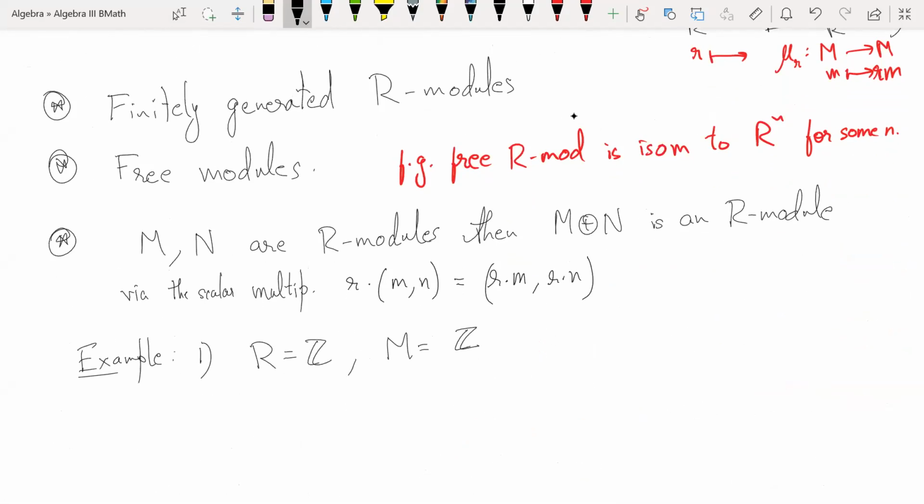If I take Z mod nZ, some torsion module, it can't be injective, right? So maybe Z mod 5Z. Then what is End_Z(M)?